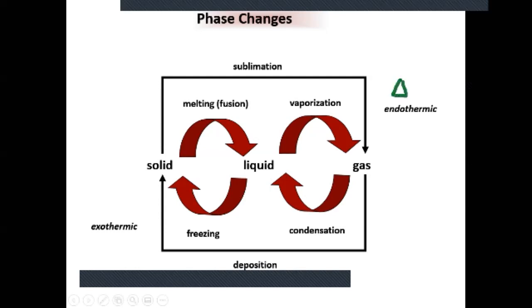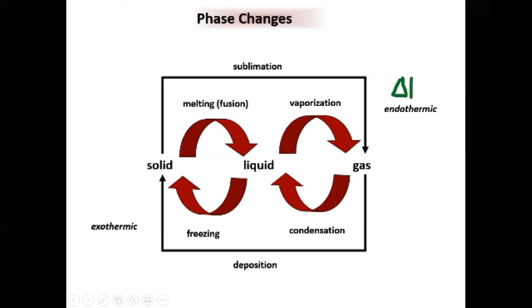And if you remember from CP1, endothermic means delta H is positive, so you have to absorb energy. So for example, if we have ice, it has to absorb energy to become a liquid, and so that's referred to as melting. And then when the liquid absorbs enough energy, it goes to a gas through vaporization.